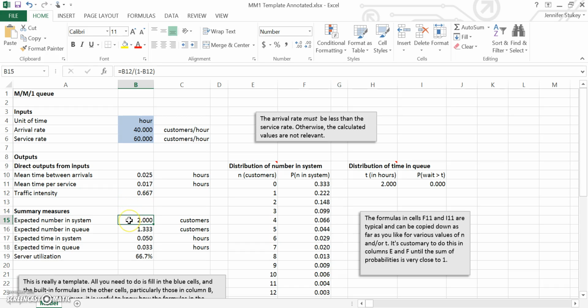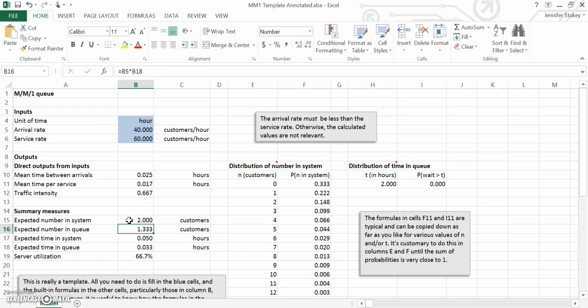And this shows how many are in the queue at one time. So at any given time, we expect, not in the queue, in the system. And there's a reason I stopped and corrected myself. In the system includes both waiting to be served and being served. So with an arrival rate of 40 and a service rate of 60, we would expect about 2 to be in the system at any one time.